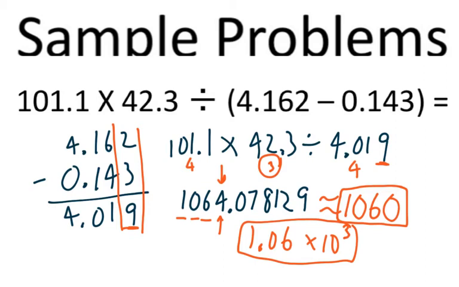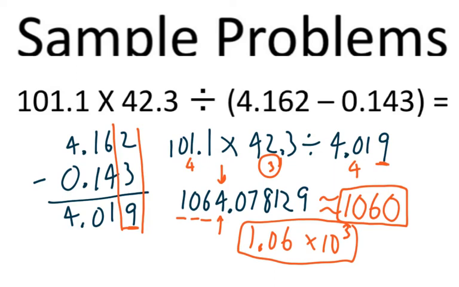Okay? But don't round. Just make a mark. Use the entire number for the next step, keeping track by underlining the last significant figure from the previous step. And then keep working on your steps. Whatever you end up doing last, use that rule as the rule to round your final answer.